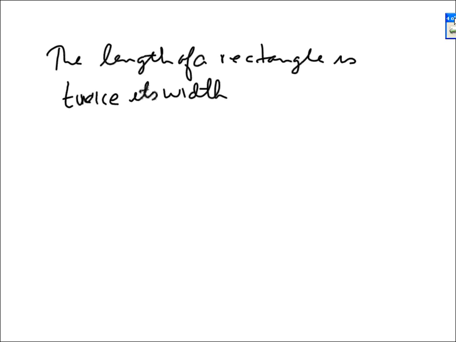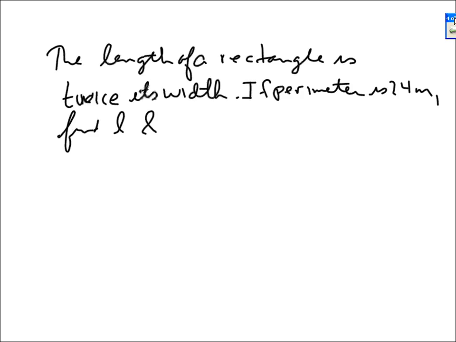The length of a rectangle is twice its width. If the perimeter is 24 meters, find the length, which is L, and the width, which I'll denote by W.